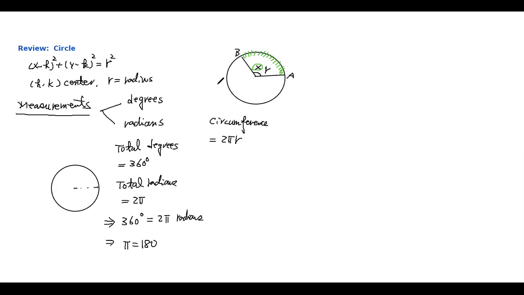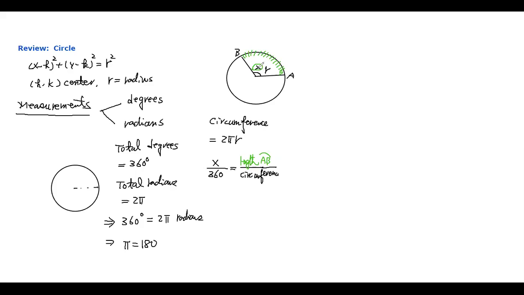You can write the angle over 360 degrees or over 2 pi, depending on the unit. So it will be equal to the length of this arc over the whole circumference.